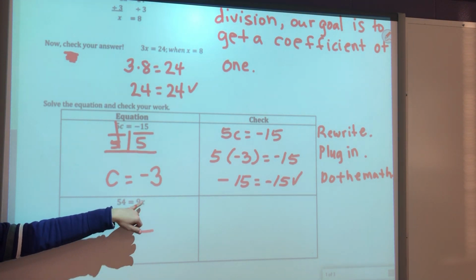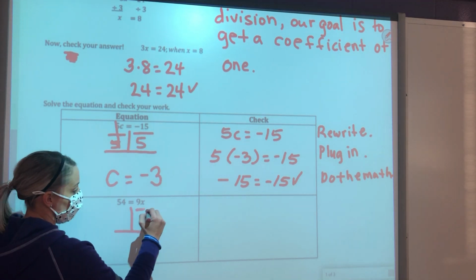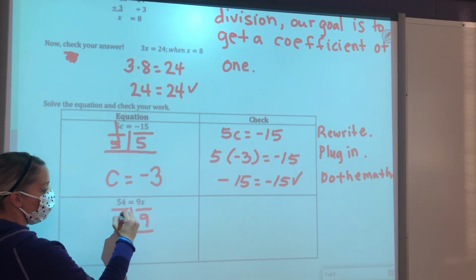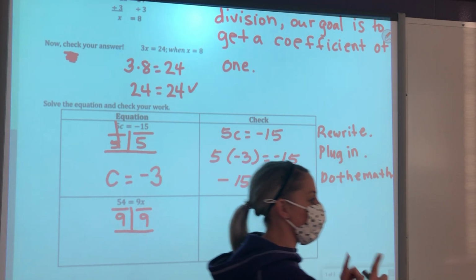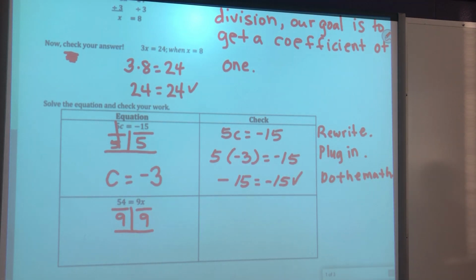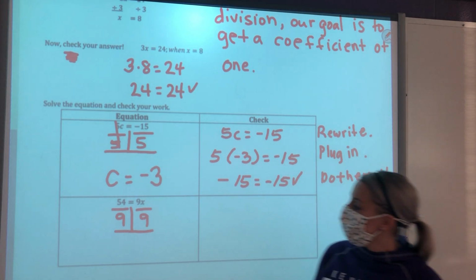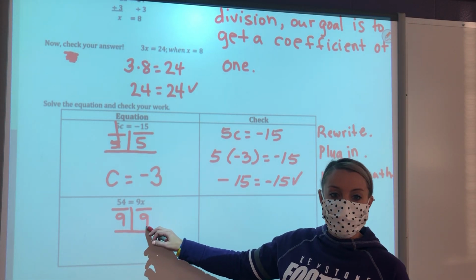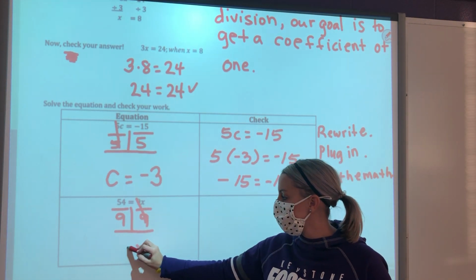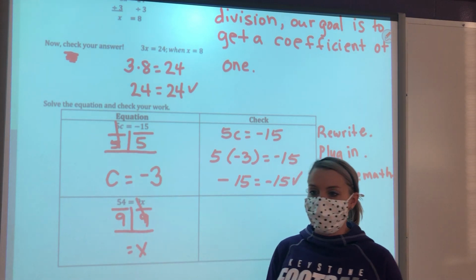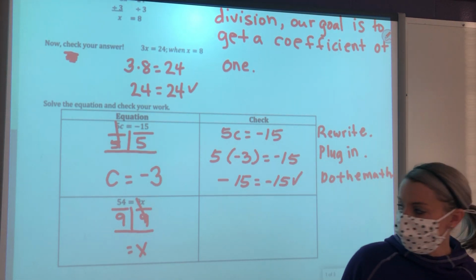So it's the inverse of multiplying by 9. Dividing by 9. So I'm going to divide on the right and divide on the left. Just because it's flip-flop doesn't mean our process changes. So 9 divided by 9? 1x, right? So I just need to bring down my x. 54 divided by 9? 6.